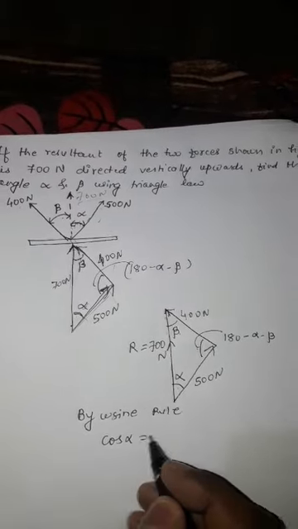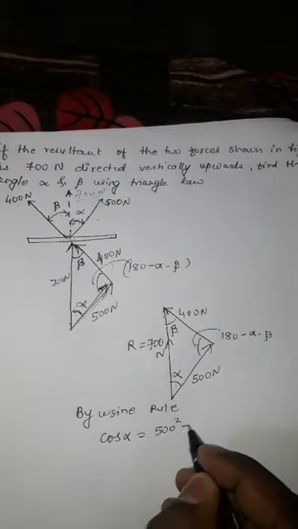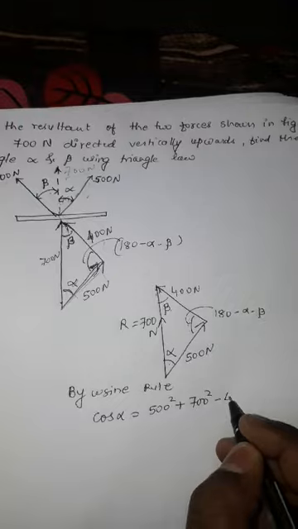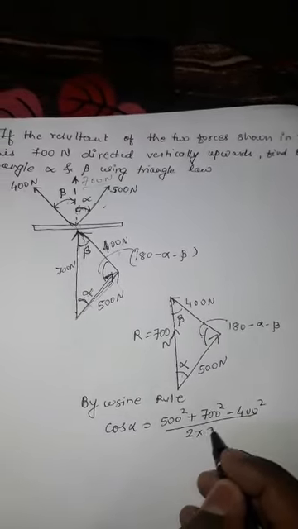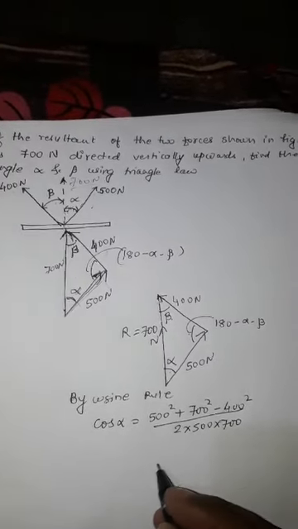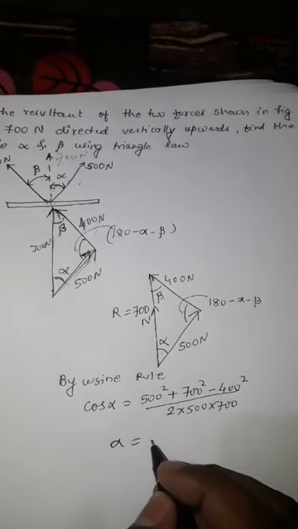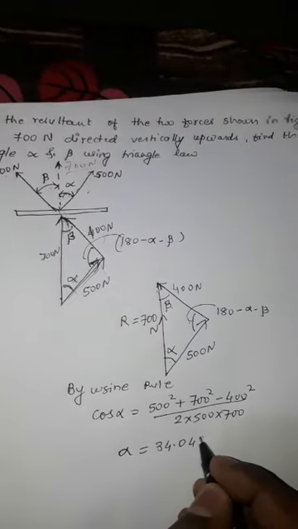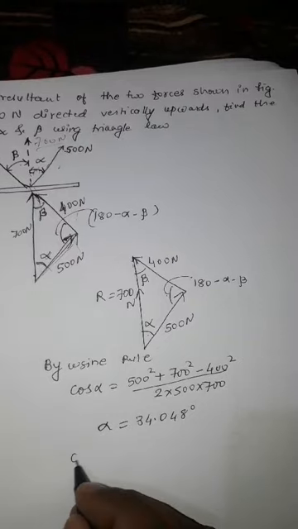So cos alpha equals adjacent side square, that is 500 square plus 700 square, minus opposite side square, that is 400 square, divided by 2 times 500 into 700. After simplifying this and calculating the value of alpha, I will get alpha as 34.048 degrees.